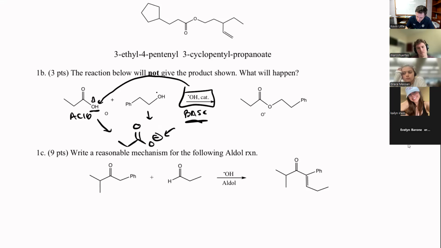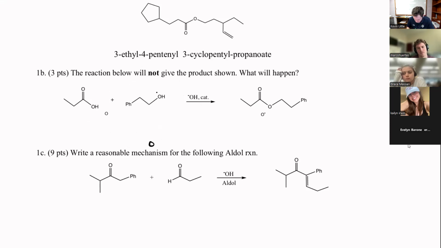So if I wanted to get this reaction to go, what should I add instead? An acid. If I had an acid here, well, now I don't have to worry about deprotonating things. I can protonate my electrophile, and we would be good to go.